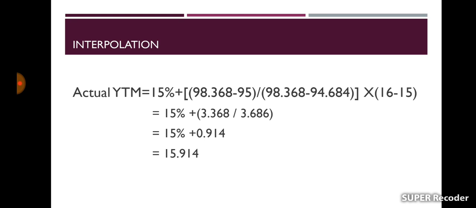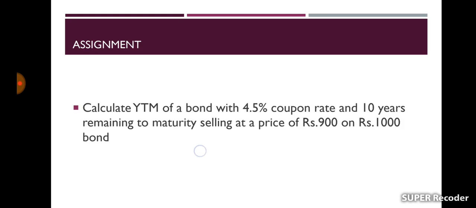Then we will get 3.368 divided by 3.686, that's equal to 0.914. Now we are adding this 0.914 to 15%, then we will get 15.914% as the actual YTM. Now you have to calculate YTM by using the approximate method and the trial and error method for this problem. Thank you.